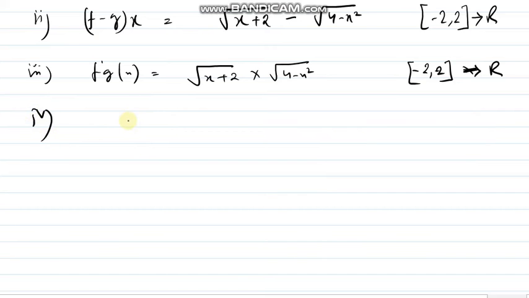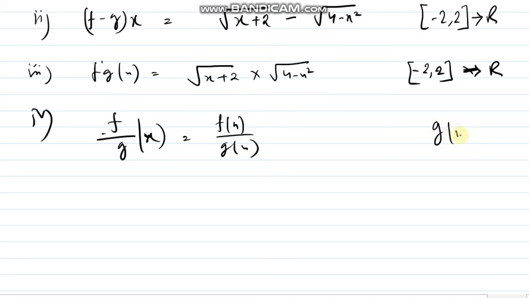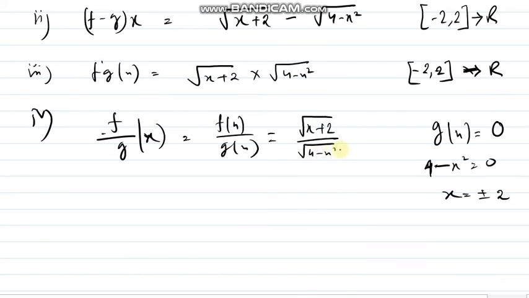Next one, f divided by g. f by g of x will be equal to f(x) by g(x), but for what value will g(x) be equal to 0? g(x) will be equal to 0 when 4 minus x square is equal to 0, which means x equals plus minus 2. So the function will remain as root over of x plus 2 divided by root over of 4 minus x square.